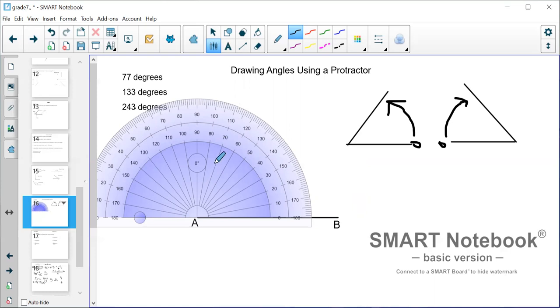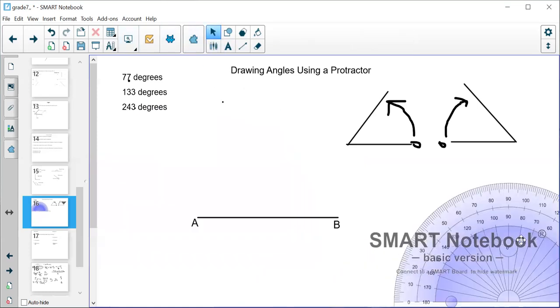Then you count 7 of the small ones, and please note you are increasing as you go to the left: 70, 1, 2, 3, 4, 5, which is the longer center line, 6, 7. So you mark 77. When you mark that little point there, you take your ruler and draw a line from A to that point.